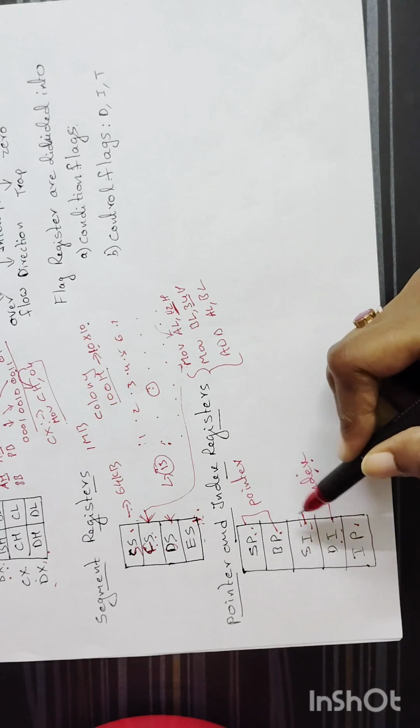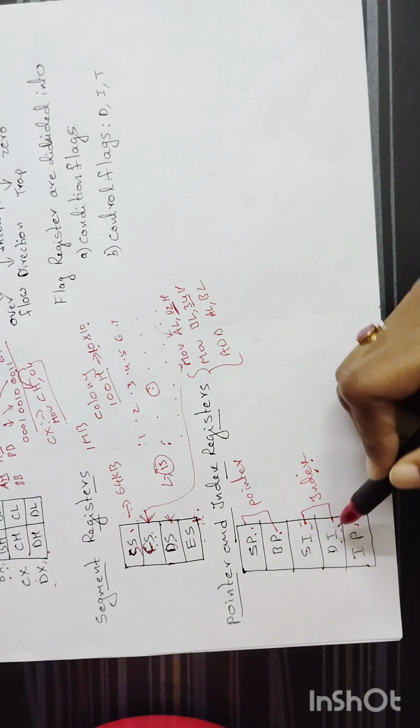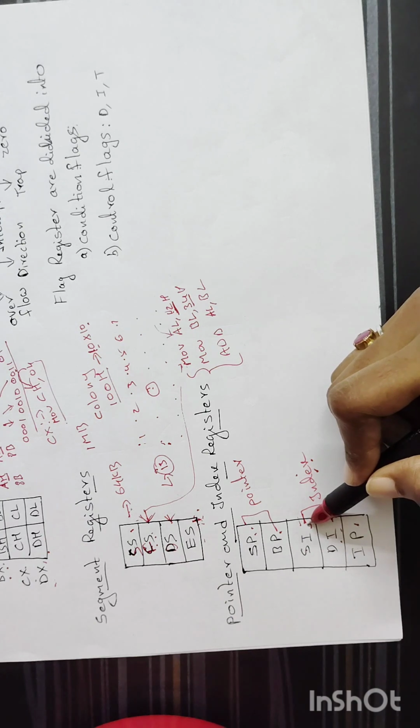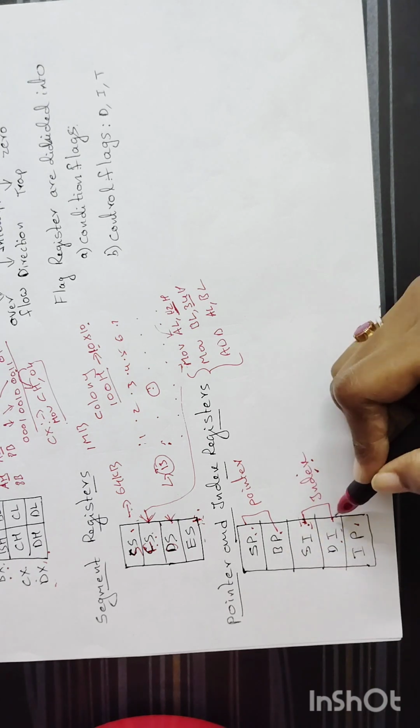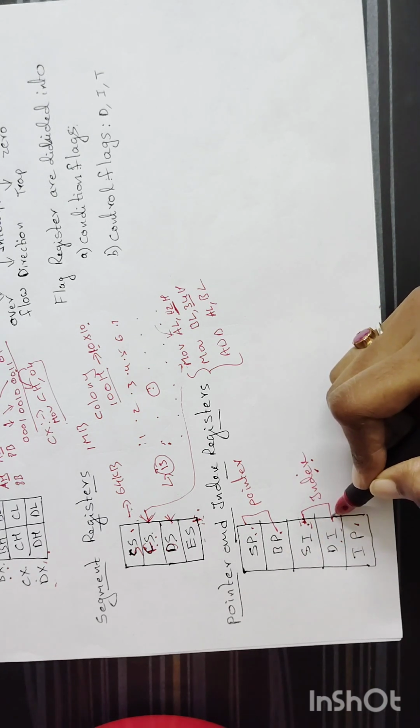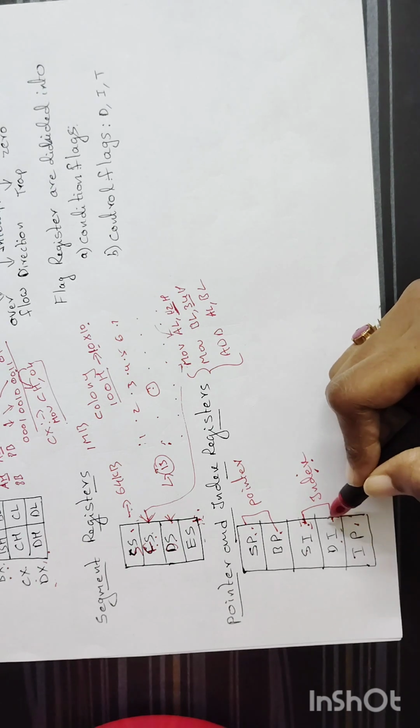The register SI is generally used to store the offset of the source data in the data segment, while the register DI is used to store the offset of the destination in the data or extra segment. The index registers are particularly used for string manipulation.